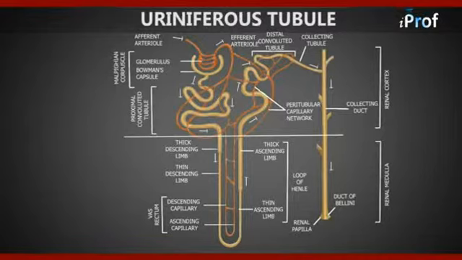It is the coiled structure and maximum glomerular filtrate absorbed in the PCT region, so that is loop of Henle.